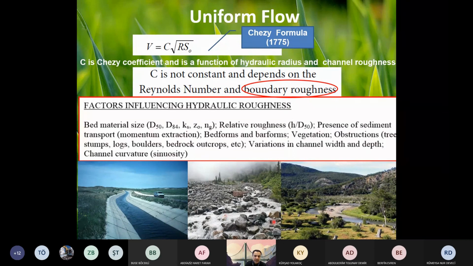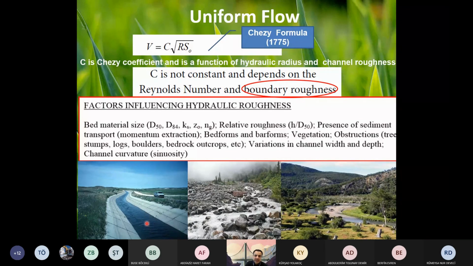For example, let me ask you, assume that this is our formula and we are going to calculate velocity of flow in these three kinds of channels, for a constant slope in all these three rivers and in this canal, the slope is constant and water depth is constant.